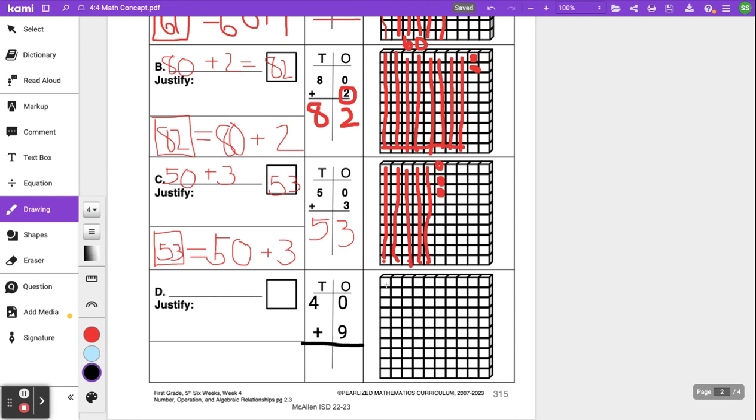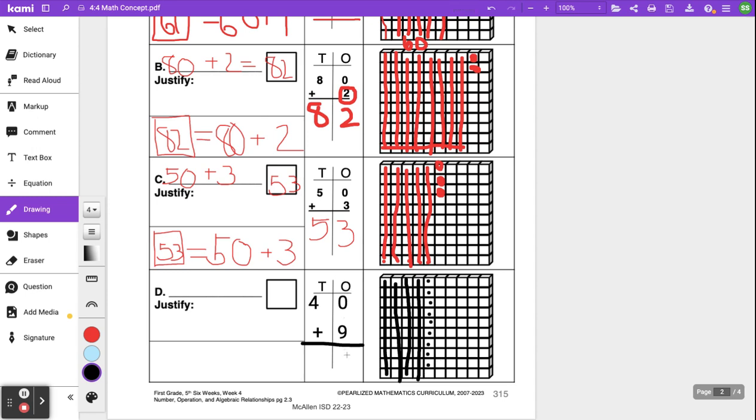I have 4 tens. 1, 2, 3, 4. And I need 9 ones. 1, 2, 3, 4, 5, 6, 7, 8, 9. Almost to the end. And I can see here that it's 40 and 9.